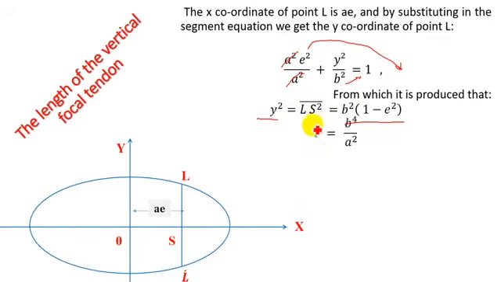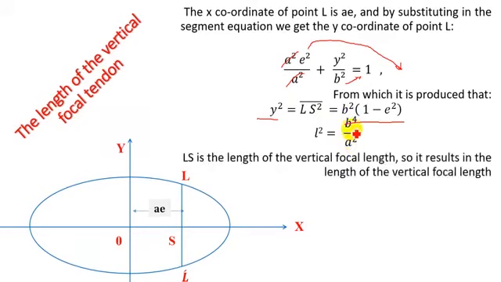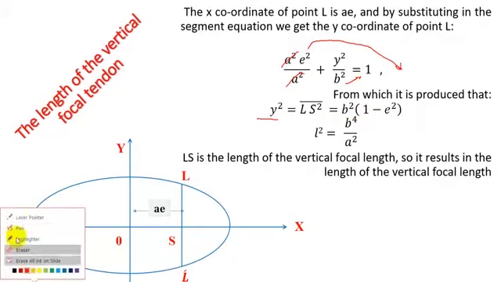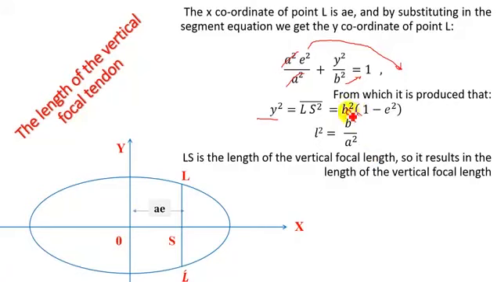So L square here will be equal to b to the power 4 over a square. Where does this come from? How can we get this one? I get it from there: the capital L equals 2 l, which equals 2b square over a.